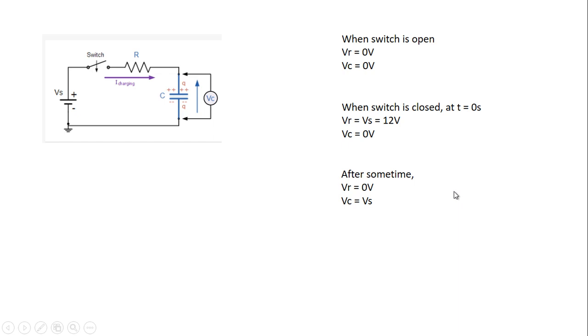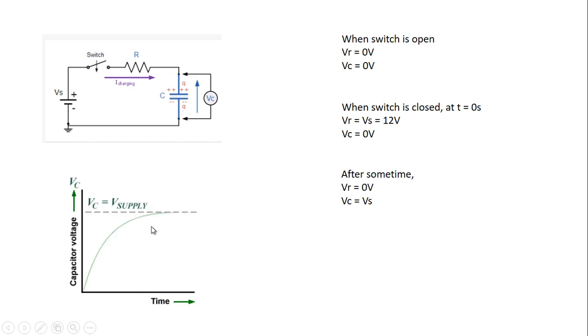To know that time, we have represented in a graph the voltage across the capacitor with respect to time, and we see that the capacitor takes this amount of time to get fully charged, and when it gets fully charged, Vc is equal to Vs, that is the supply voltage.